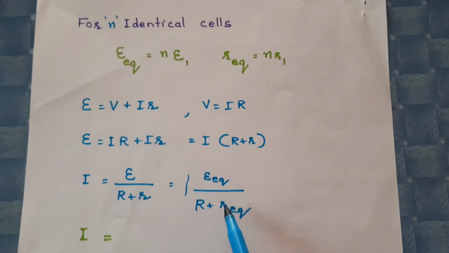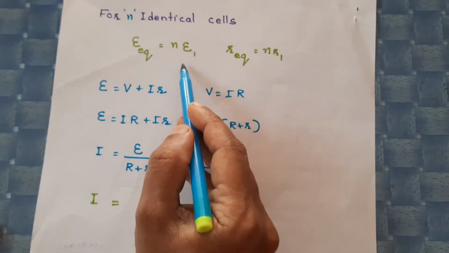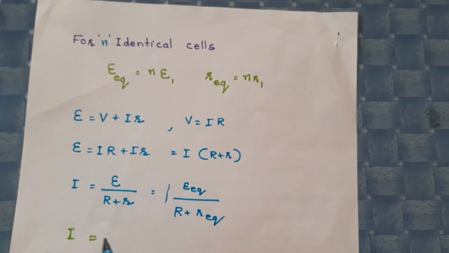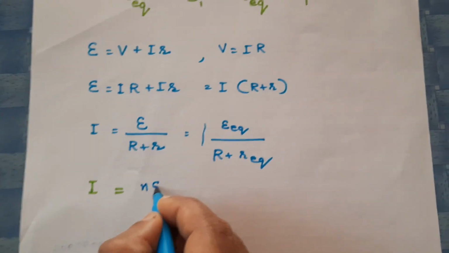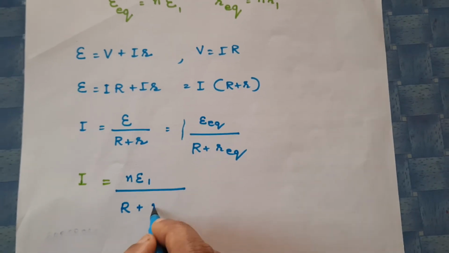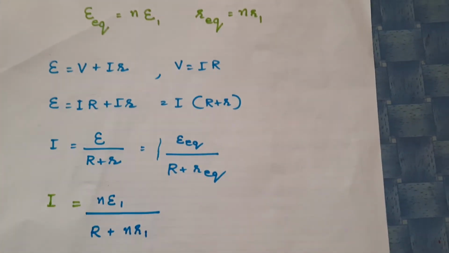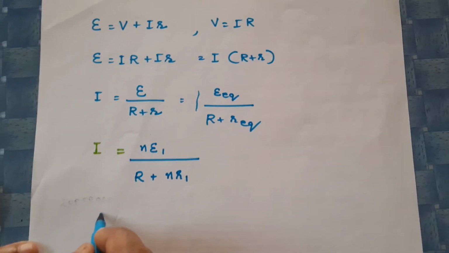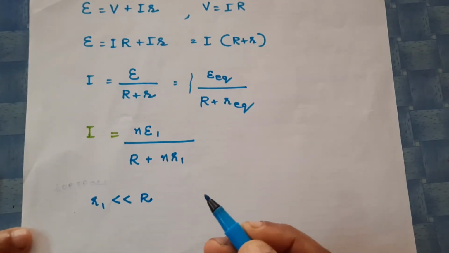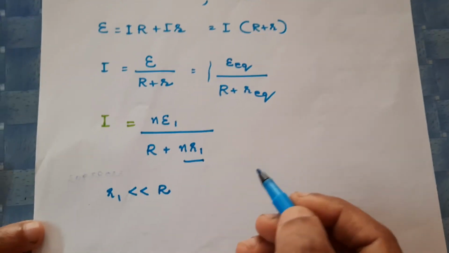For n identical cells, E equivalent is n times E1 and R equivalent is n times R1. Let us substitute in this equation: n times E1 by R plus n times R1. If the internal resistance is negligibly small compared to the external resistance, this term can be neglected.